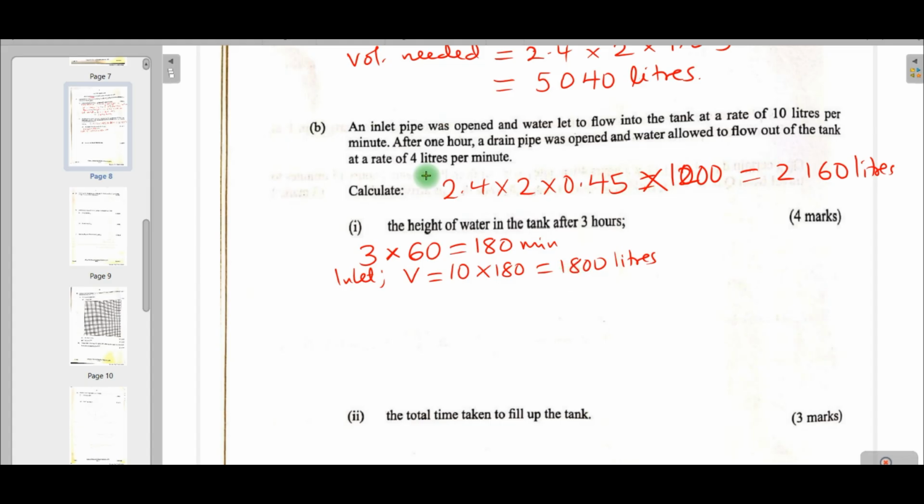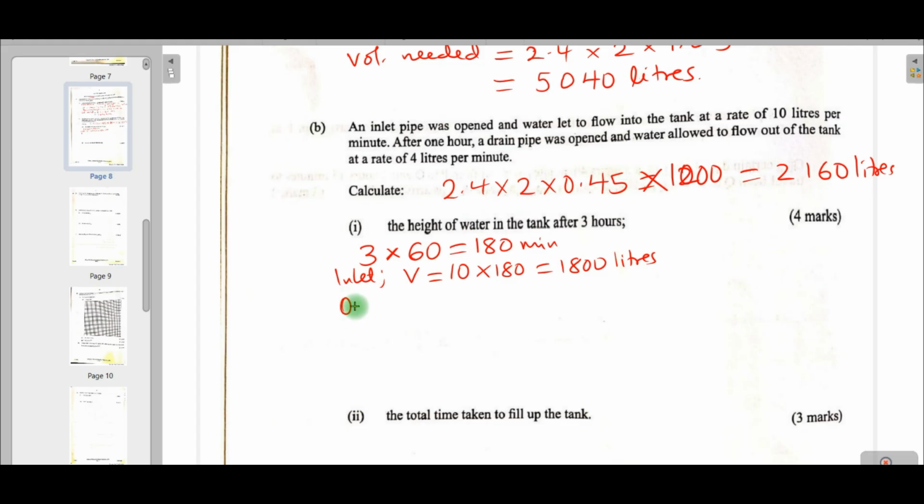Then we have after 1 hour, that's when the drain pipe was opened. So that means the drain pipe took 2 hours to let water flow out of the tank.